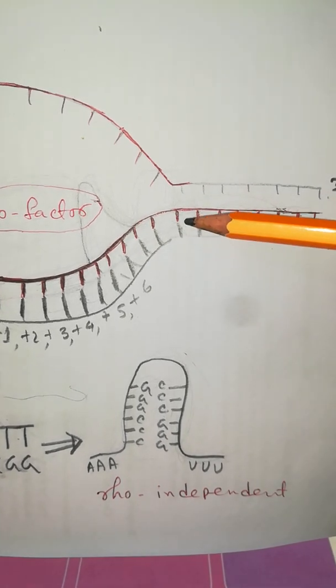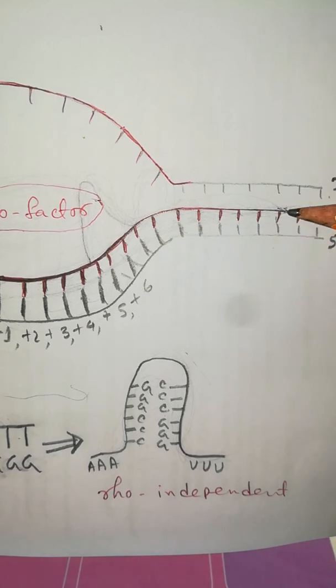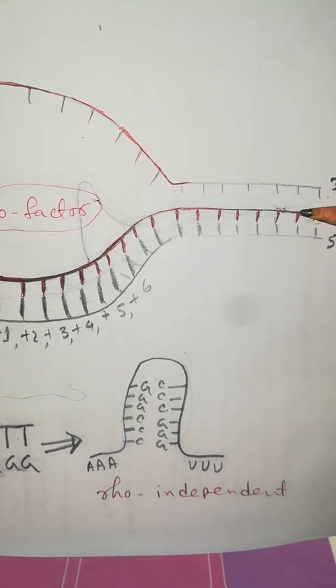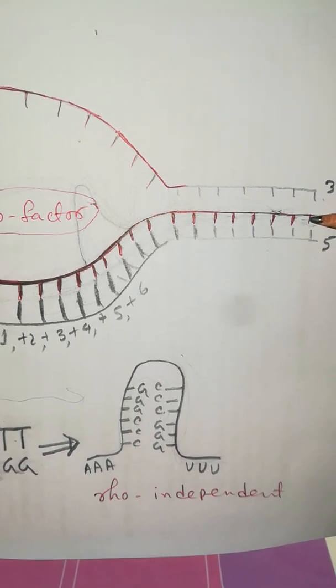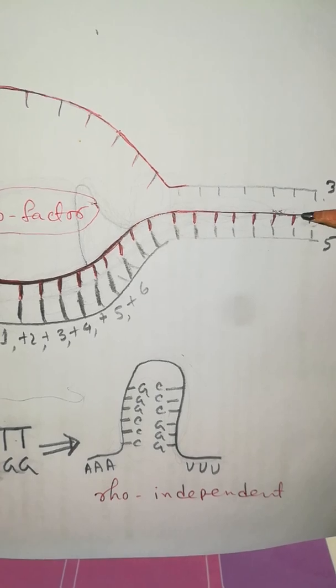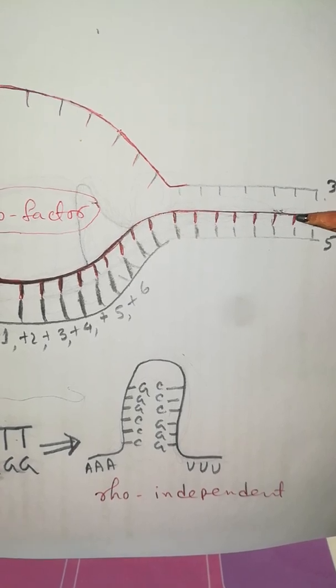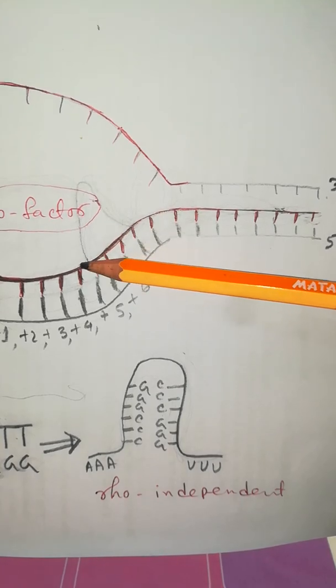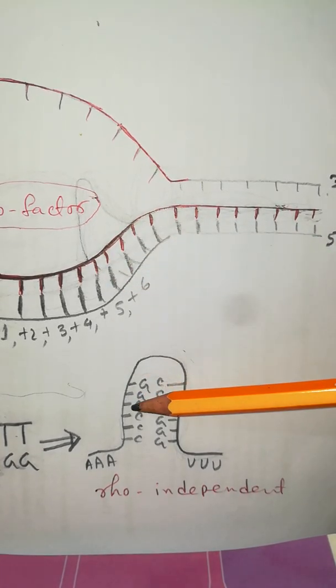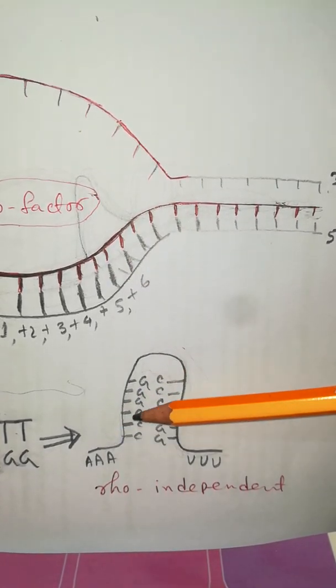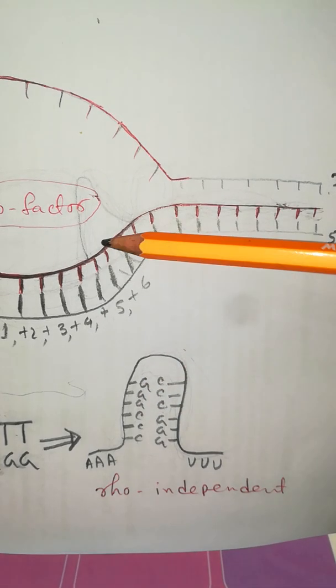That's why, going forward up to a specific nucleotide base, RNA polymerase cannot go forward. RNA polymerase stops polymerization, and the palindromic sequence nucleotide bases develop a hairpin-like structure here.